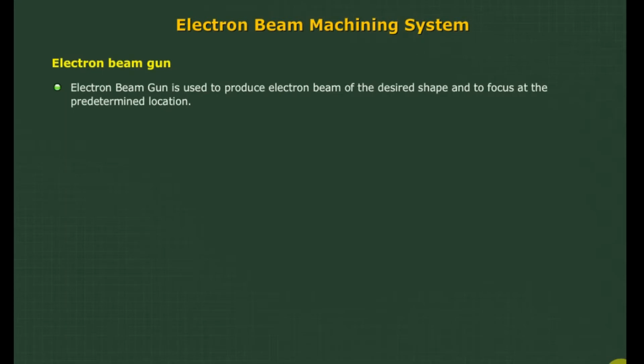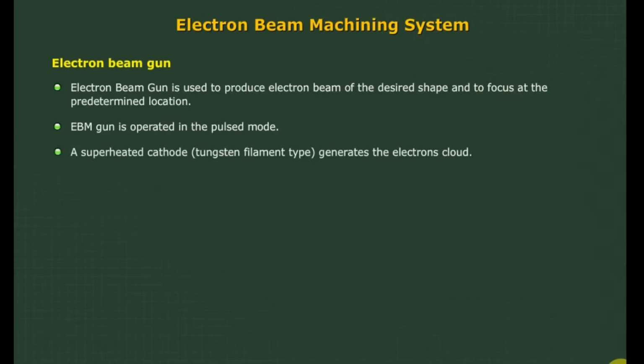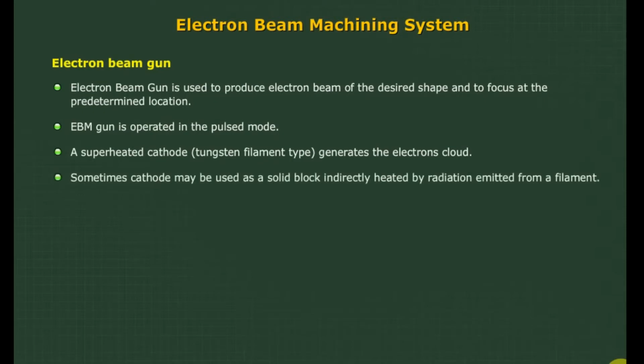The electron beam gun is used to produce an electron beam of the desired shape and to focus it at the predetermined location. The EBM gun is operated in the pulsed mode. A superheated cathode, tungsten filament type, generates the electron cloud. Sometimes, the cathode may be used as a solid block indirectly heated by radiation emitted from a filament.